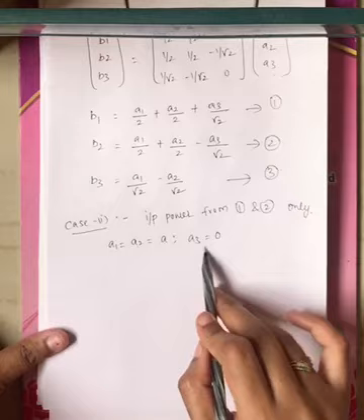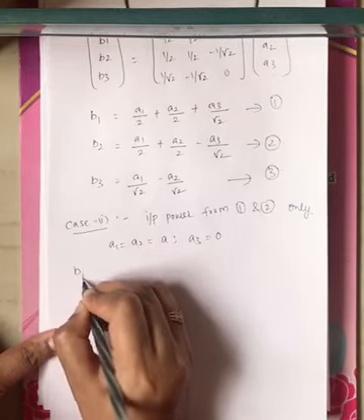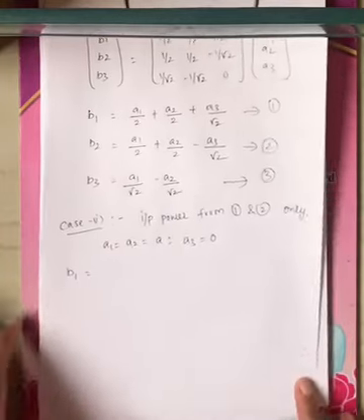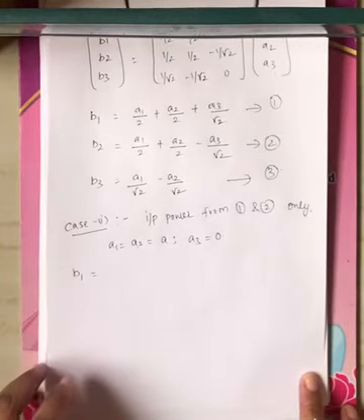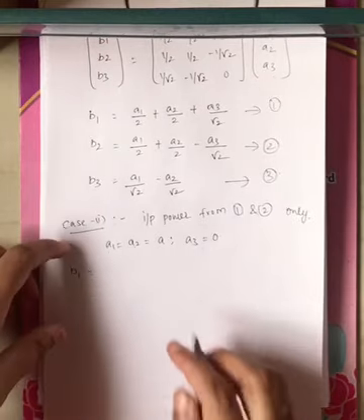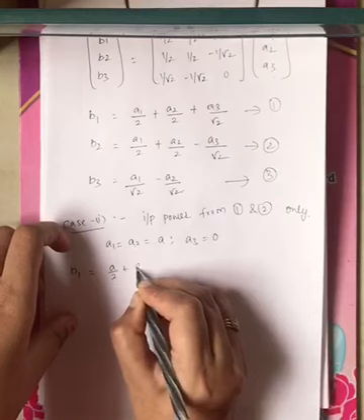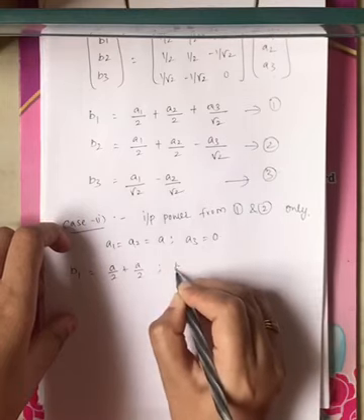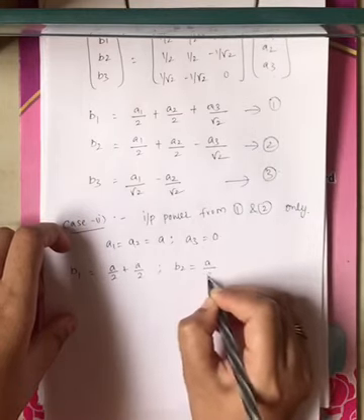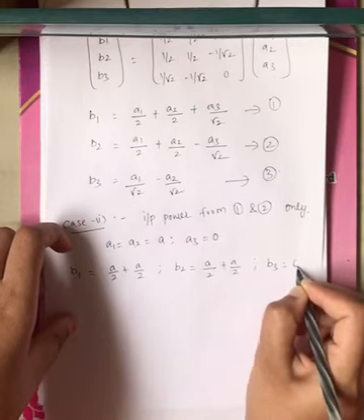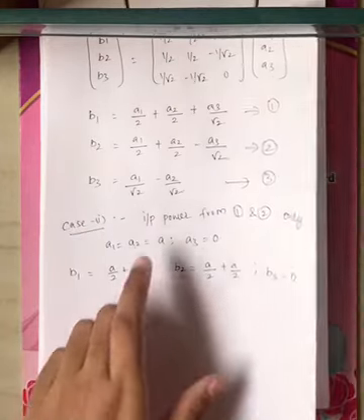No input power from port 3. Now what is the B1 value? B1 is A by 2 plus A by 2, B2 is A by 2 plus A by 2, and B3 is 0.